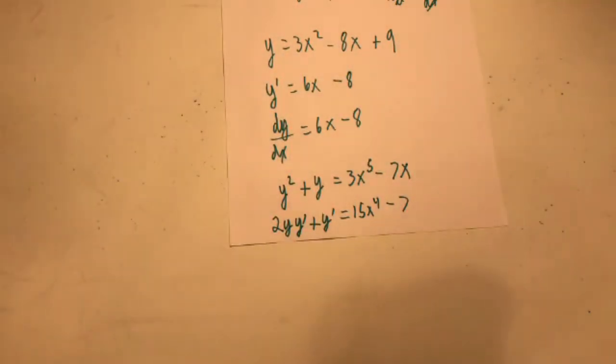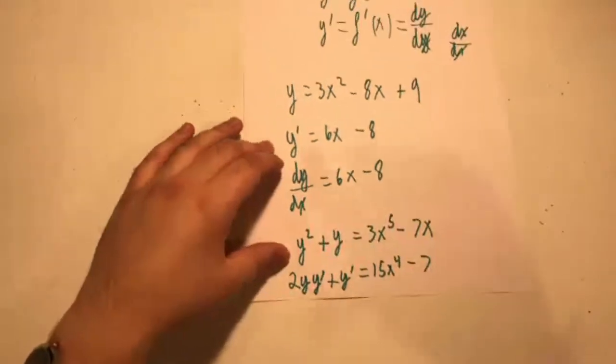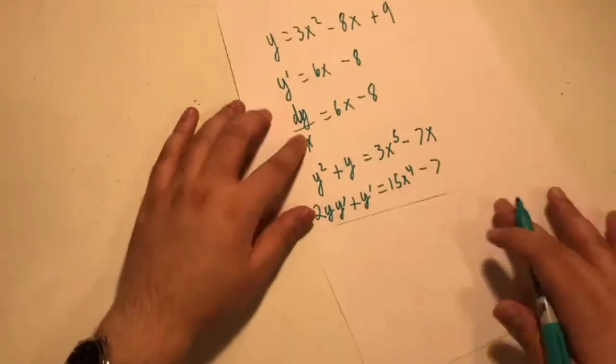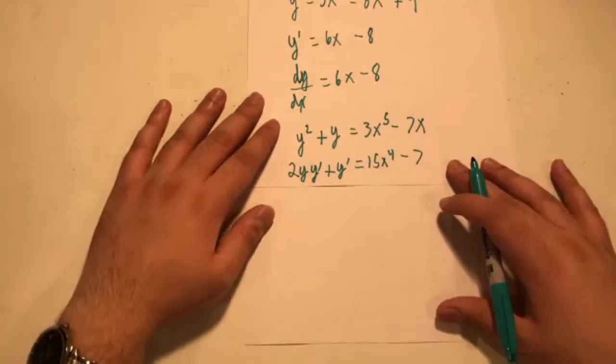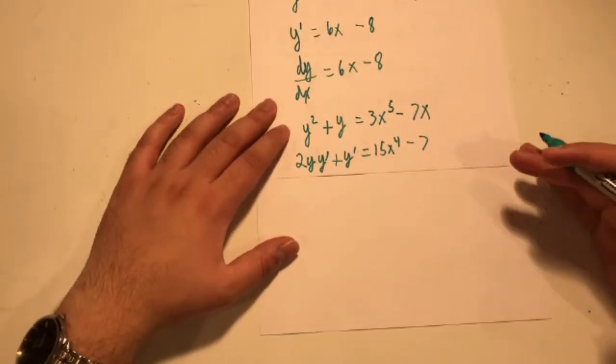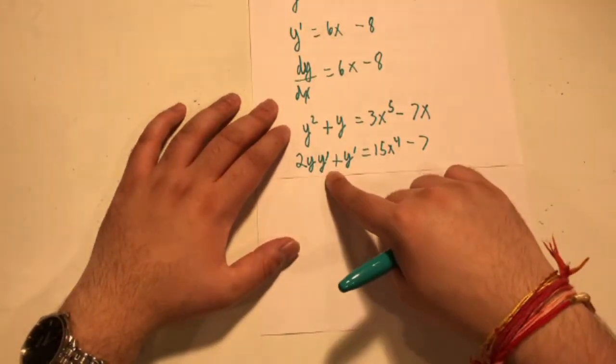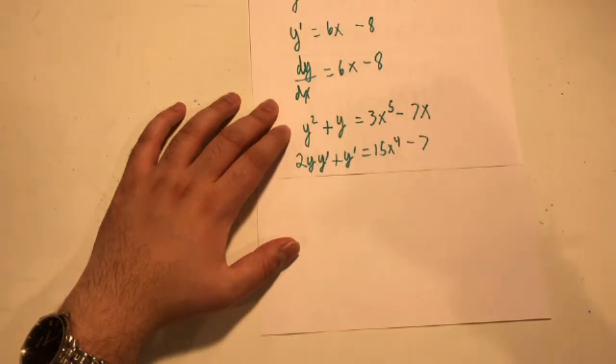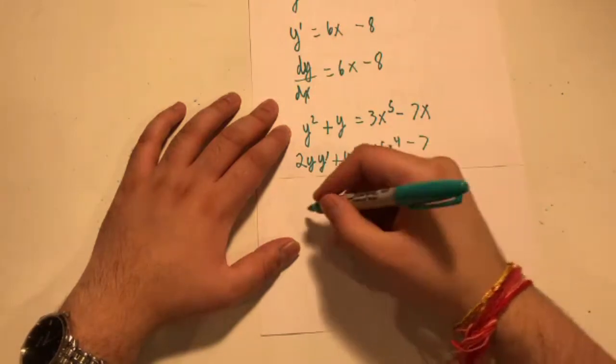Now what we need to do is isolate y prime. I'm just going to use this sheet of paper. And the way we do that is get that alone. Getting y prime alone is a lot easier than if we were to try to get y alone in the beginning, right? Because this factors out. It's a GCF.